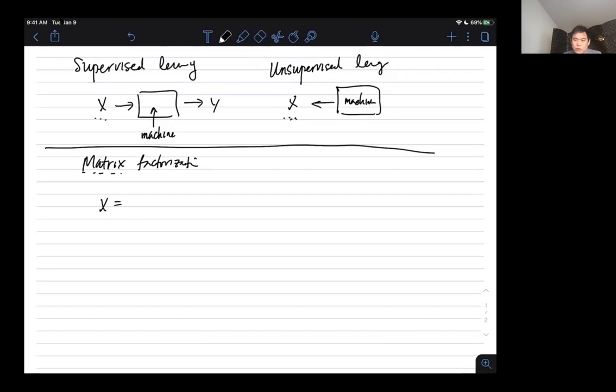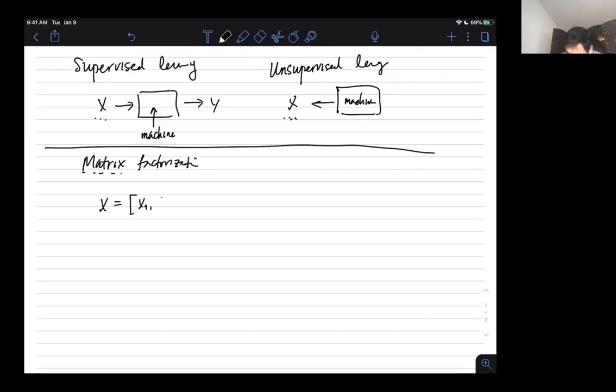Each vector could be thought of as a matrix with a single column, and we can stack them next to each other in order to build a matrix with multiple columns.